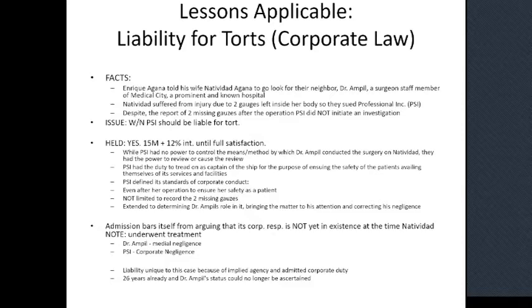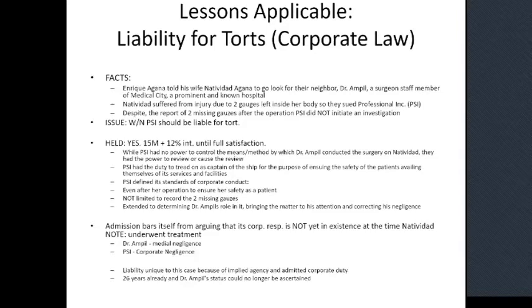So despite the report of two missing gauzes after the operation, the hospital, PSI, which was the owner of Medical City, did not initiate an investigation. So they did not initiate due diligence, despite the fact that the nurses during the OR reported that there were two missing gauzes.